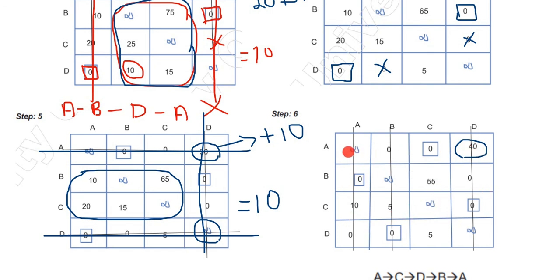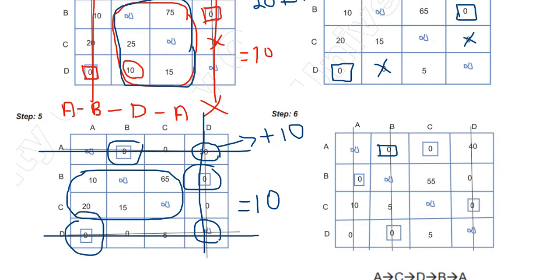So now coming to step 6, where we will again take the zeros and cross them out. I could have taken this 0 and proceeded, but every time I take the 0, I end up with the same number of sides where I am being cancelled out with 0.